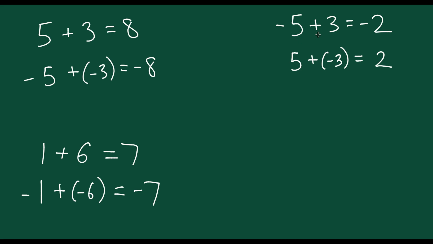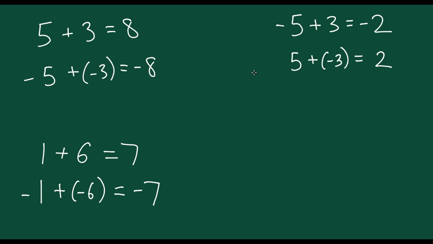So negative 5 plus 3, 5 minus 3 is 2, and since the negative 5 is negative, you make it negative. 5 plus a negative 3 is positive 2 because here it's positive.